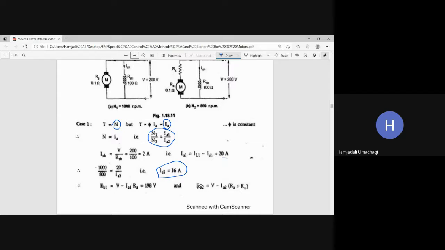Then calculate for EB2. EB2 is equal to V minus IA2 into RA plus the extra resistance Rx to bring the speed from 1000 to 800 RPM. We know the speed equation: N is directly proportional to EB by phi.